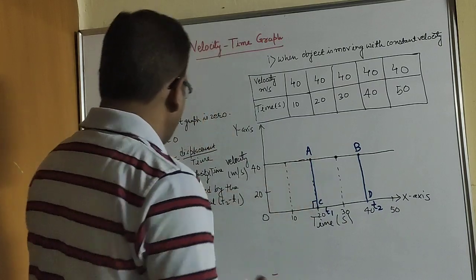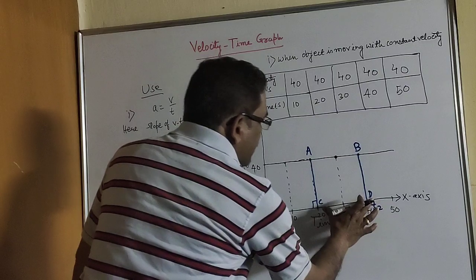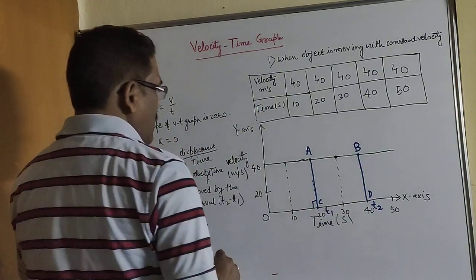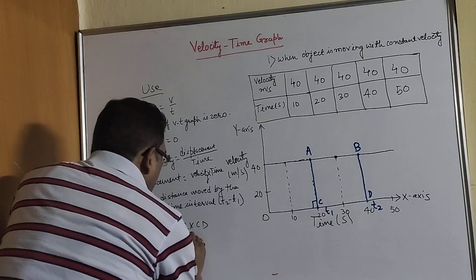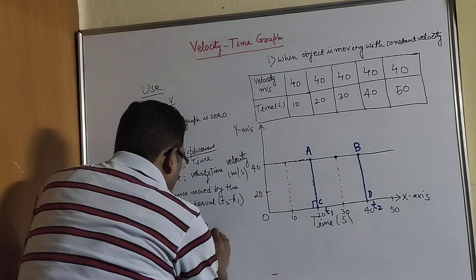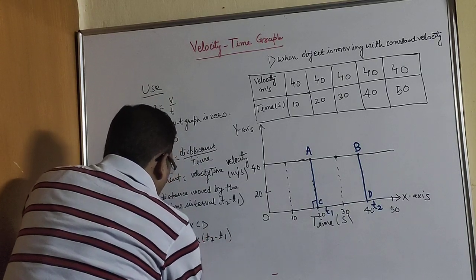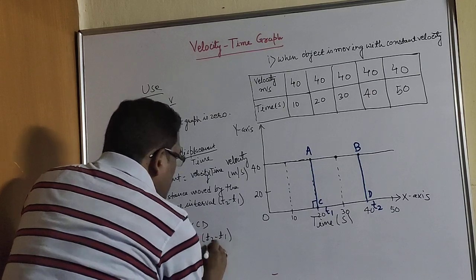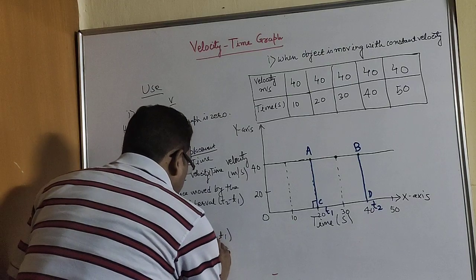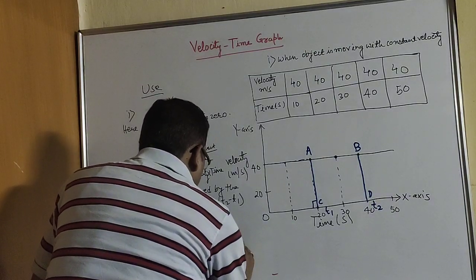AC represents the velocity and CD represents the time. AC is 40 and CD can be written as T2 minus T1. Substituting the values, T2 is 40 and T1 is 20.